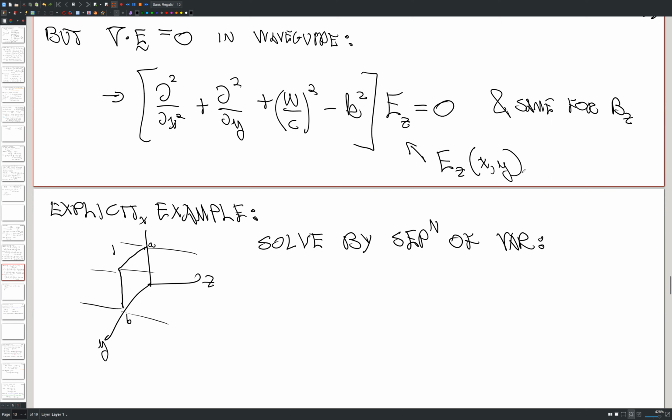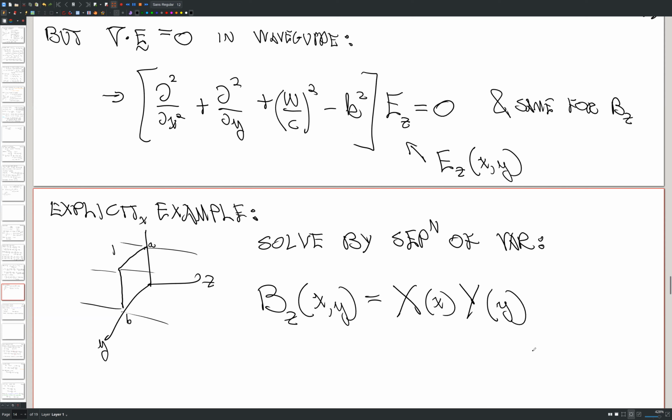So what we're going to say is that we're going to separate the dependence in x and y in these fields here. Okay, and we can do that either for the B or the E field. It doesn't matter. Okay, so let's just do it for the B field. It's the same equation. So we're going to say that the z component of B in the x and y direction is a product of two functions, one function big X of x and one function big Y of y.